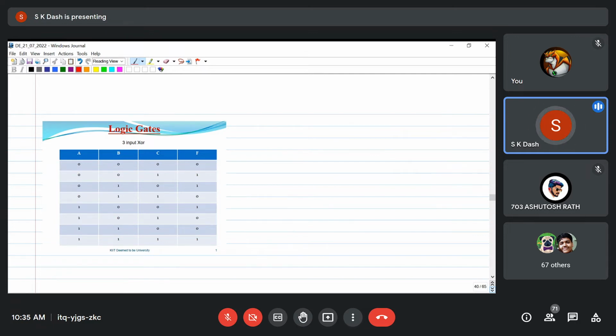Suppose you want to find out A XOR B XOR C. First of all, I will find out A XOR B. Then we need to XOR this result with C. So basically, we need to go for 2 XOR gates. A, B, then this. So here you can get A XOR B XOR C.